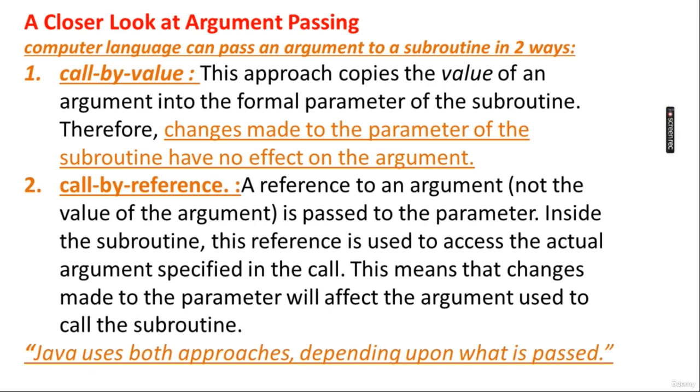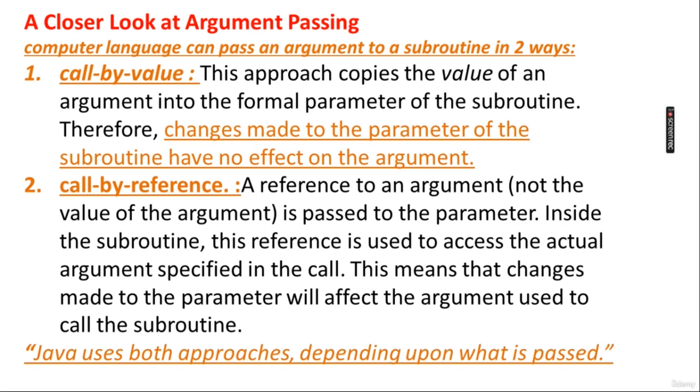In call by reference, a reference to the argument is passed, not the value of the argument. Inside the method, this reference is used to access the actual argument specified in the call. So reference is actually modifying the actual object. It is not operating upon the value.